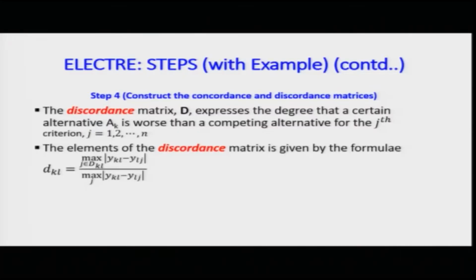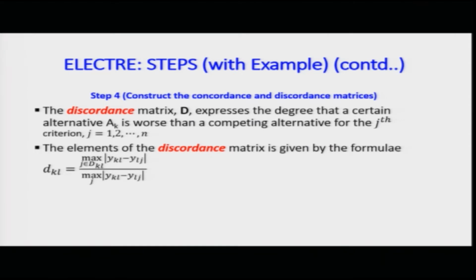Now, continuing with step 4, we have already completed finding the C matrix, and now we will find the D matrix based on the discordance index values. The discordance matrix D expresses the degree to which a certain alternative AK is worse than the competing alternative, whatever it is, say AL, based on the criteria j equal to 1 to n.